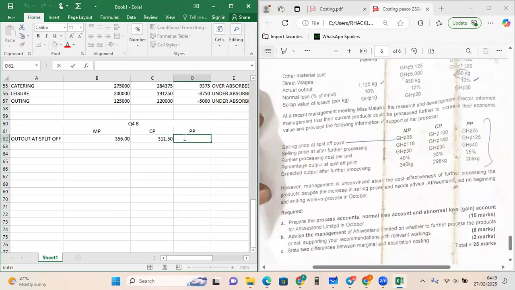Then this one is equal to 0.25 times 890. So this is it. Now we move on to bring in the selling price at split.